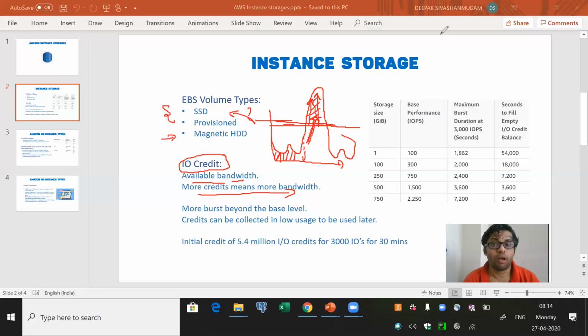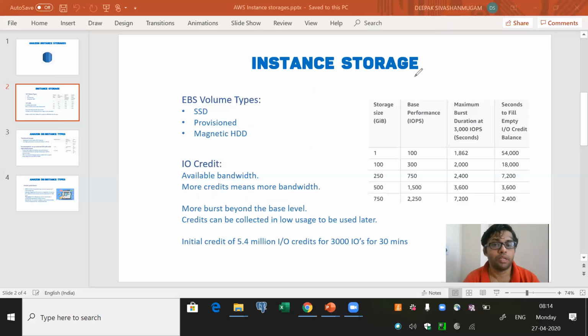So this is the credit system in EBS, and it offers you a starting credit of, say, 5.4 million IO credits.